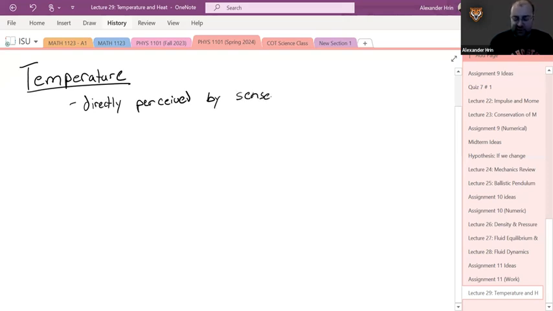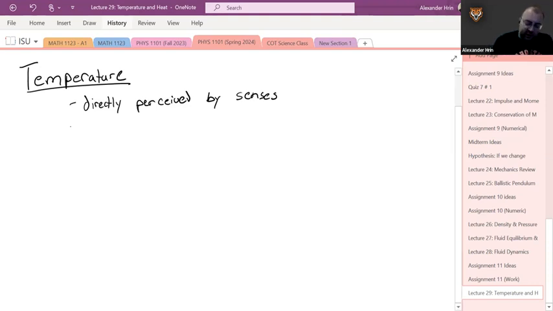It's just information that your body sends to you about, oh, this is hot, this is too hot, this is too cold, this is just right, whatever. So it's that information that you get directly. You ask someone, is it hot or cold? Well, you can directly perceive that by putting your skin near it. So that's the basic idea.